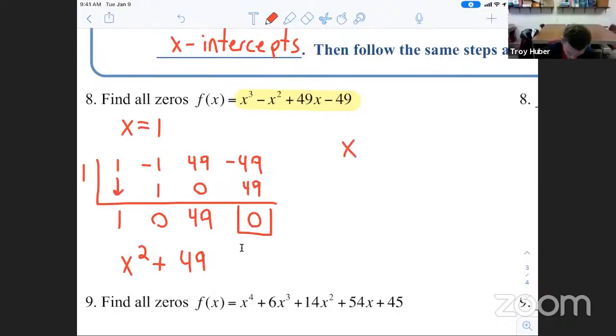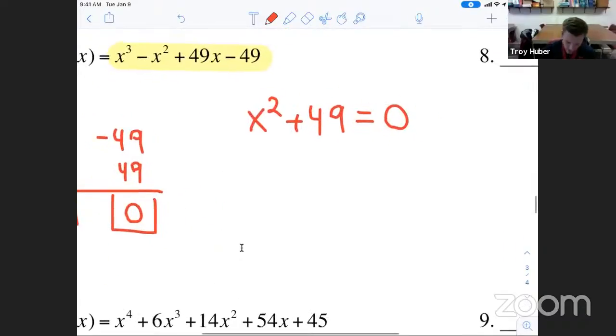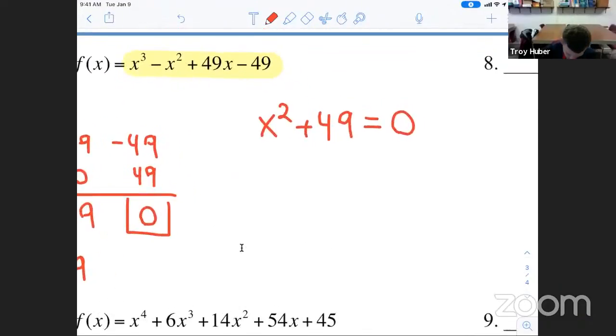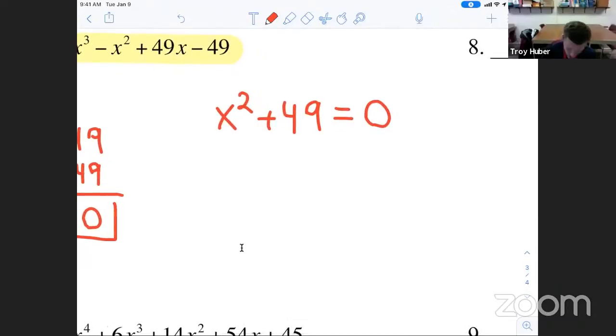So now we have x squared plus 49 is equal to 0. We actually don't need to factor this one because we can just solve it.